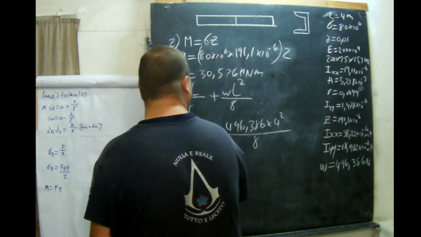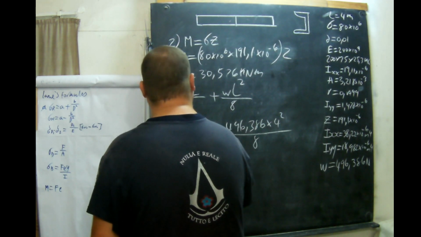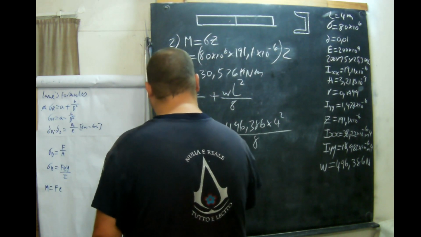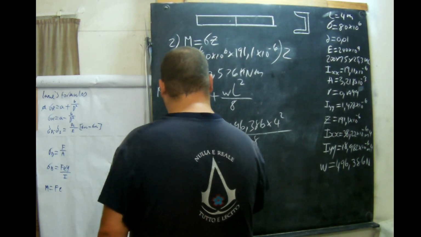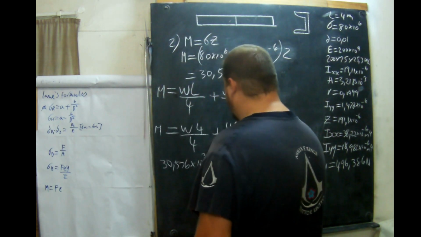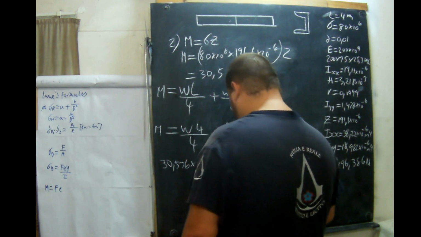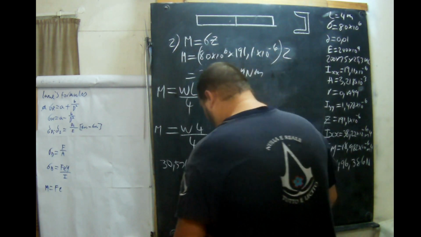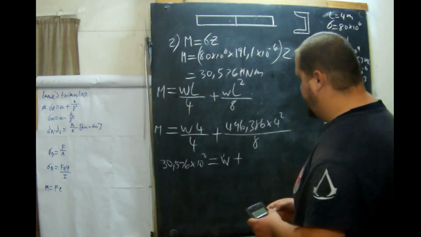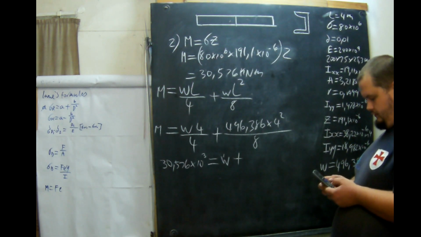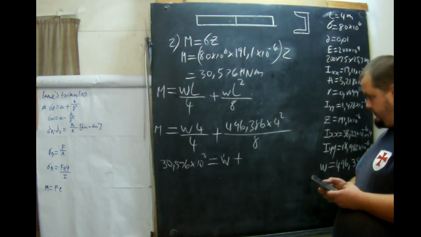And M equals 30,576 times 10 to the 3 equals W plus 496,386 times 4 squared over 8.